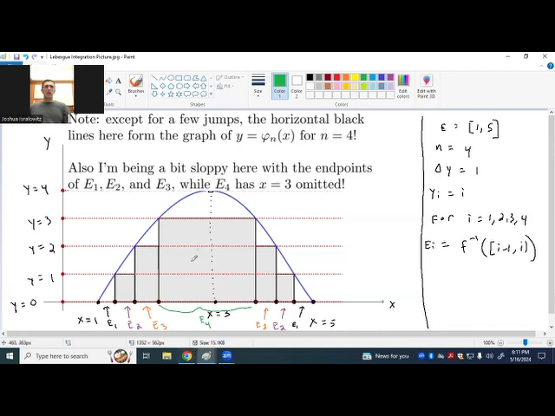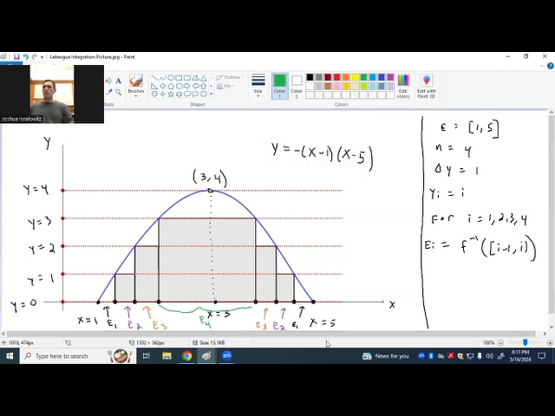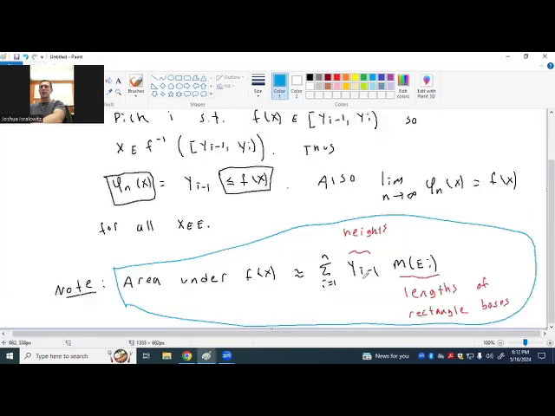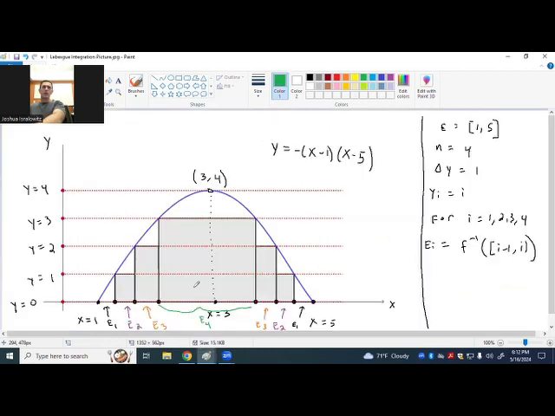So let's take a look at this sum in this case. When i equals 1, this just equals i minus 1, so the heights are 0. That's why there's no gray here.